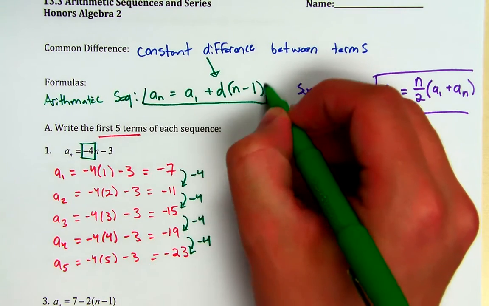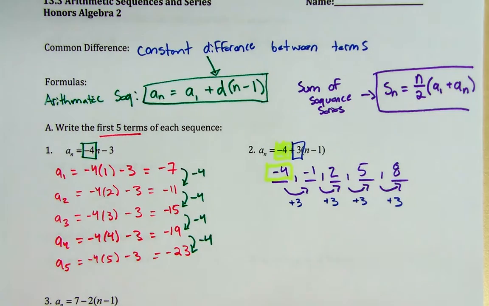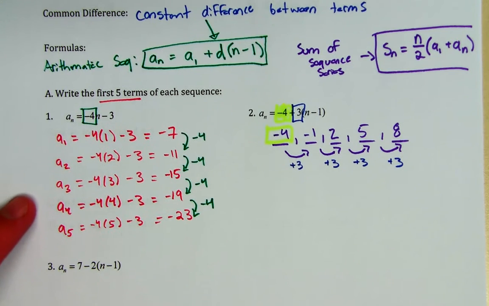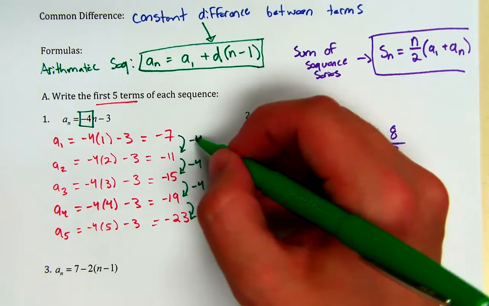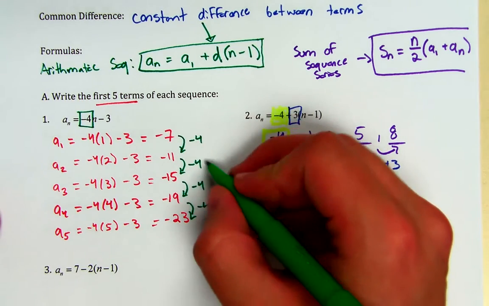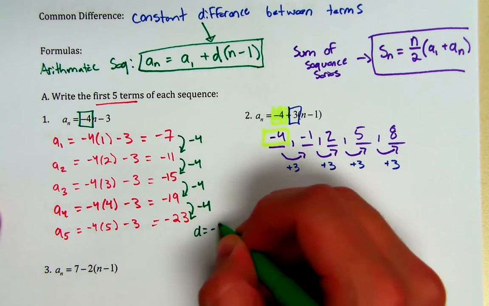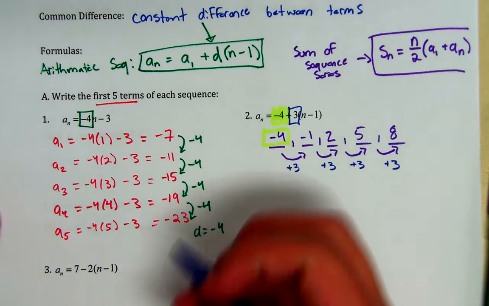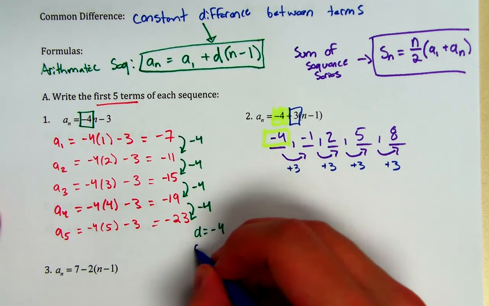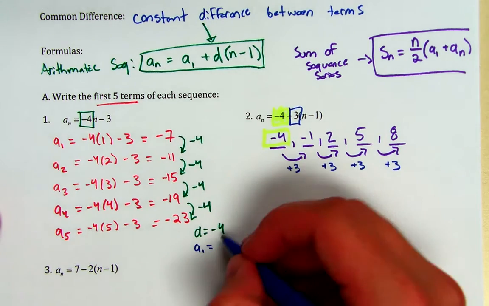These are two key formulas that are going to help you on tests and quizzes. Let's find the formula generated by the first sequence. My d equals negative 4, a1 we got negative 7.